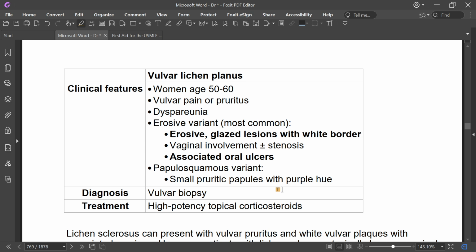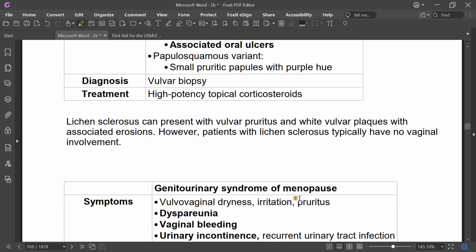Another variant is the papulosquamous variant, small pruritic papules with purple hue. Vulvar biopsy should be done to confirm, and high potency topical corticosteroid like clobetasol is used. So lichen planus and lichen sclerosus treatment is the same: high potency topical corticosteroid.